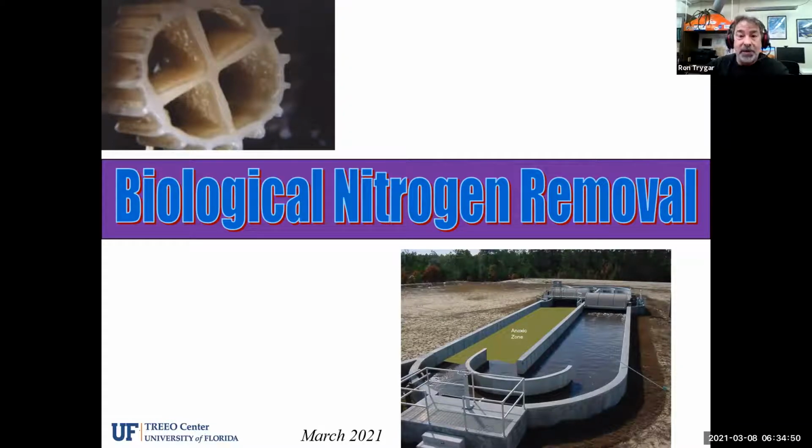We're also going to talk about operational problems that come from the nitrogen bacteria doing their job, things like pH problems, chlorination problems, alkalinity problems, sludge that rises up in clarifiers and all that fun stuff. So we've got a lot to talk about, and I'm going to go ahead and get started. I hope you enjoy it.